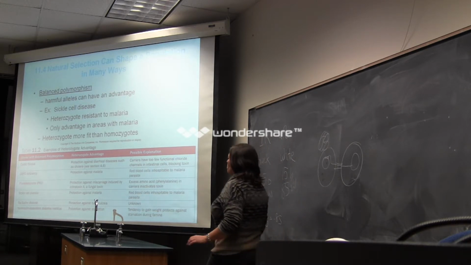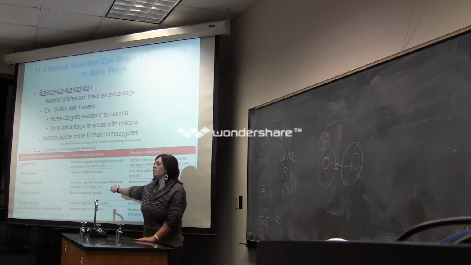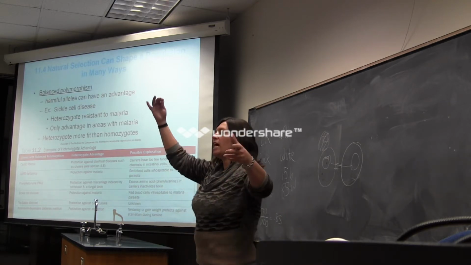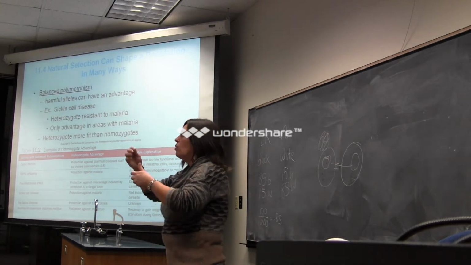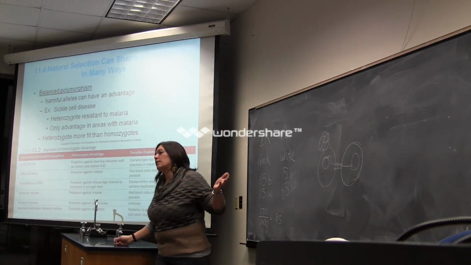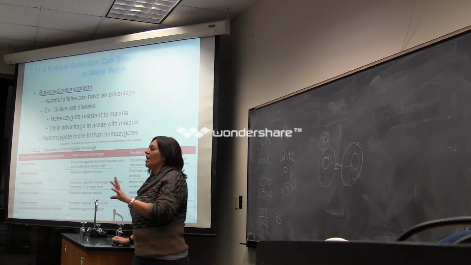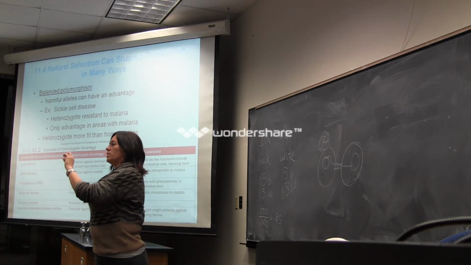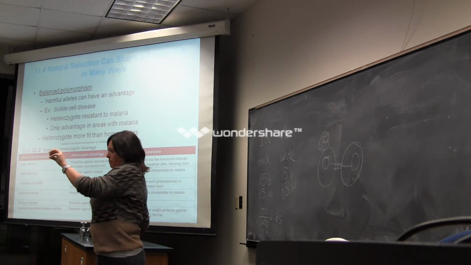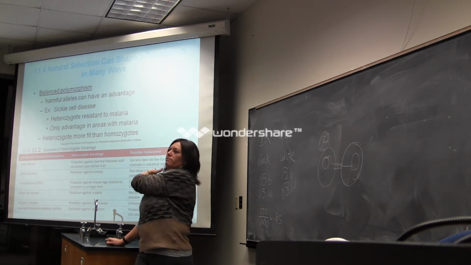One key example is sickle cell disease. Remember we talked about sickle cell, it's a recessive condition, so you need to have 2 copies. If you have the 2 copies, then you've got sickle cell. There's not much you can do about it. But if you're a heterozygote, a carrier of the sickle cell trait, but you're not affected, you only have 1 bad copy, that gives you resistance to malaria.